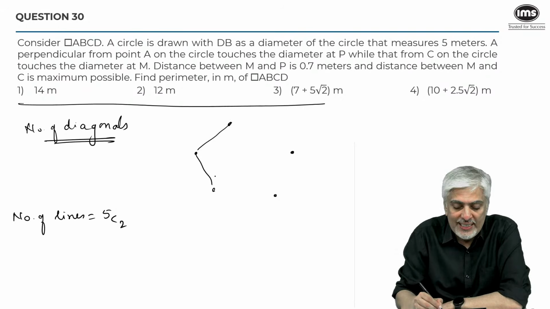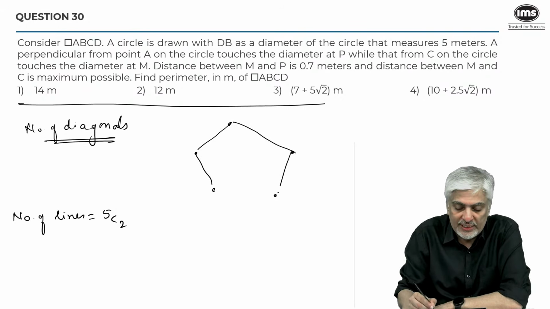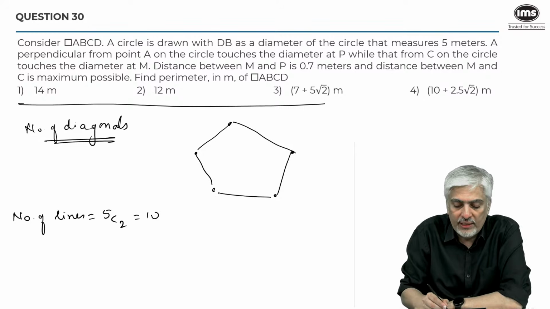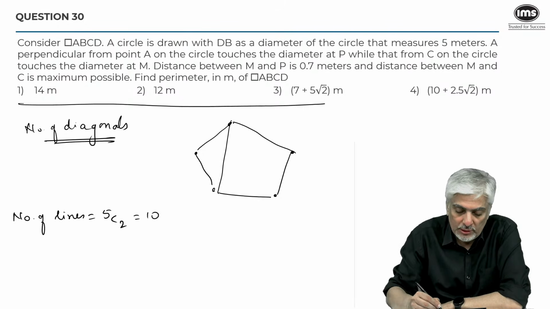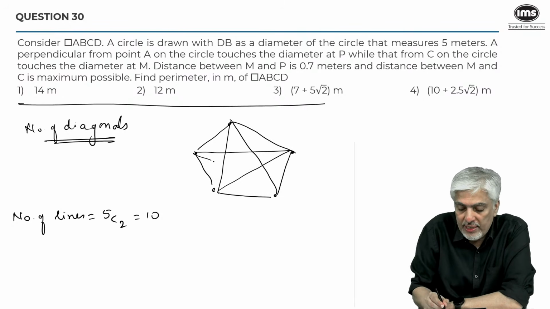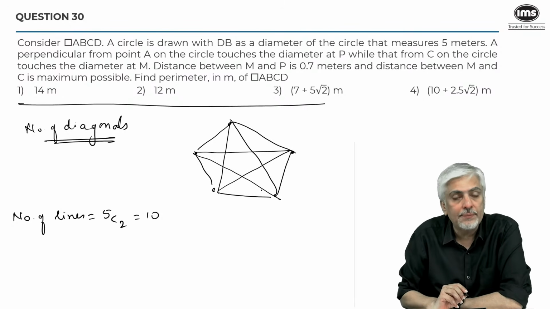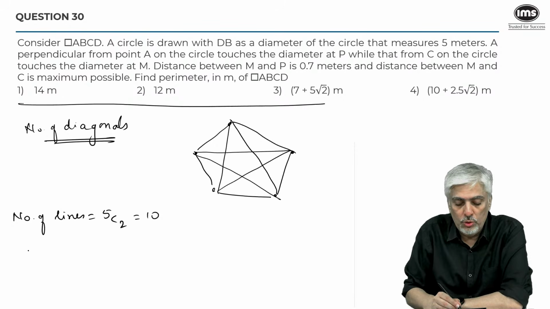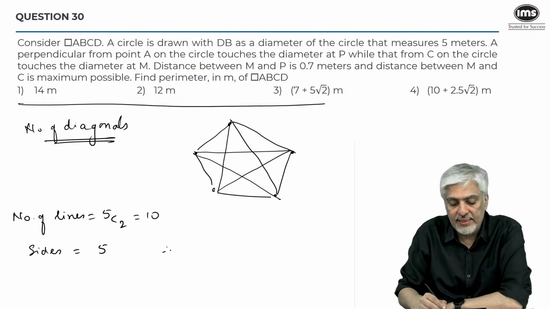Out of those 5C2, which is 10, 5C2 we know is 10. If we join all of the points possible, 1, 2, 3, 4 and 5. These are all the possibilities. These are the 10 lines. Out of these 5C2, sides are 5. Remaining all are diagonals. Therefore, diagonals are 5.